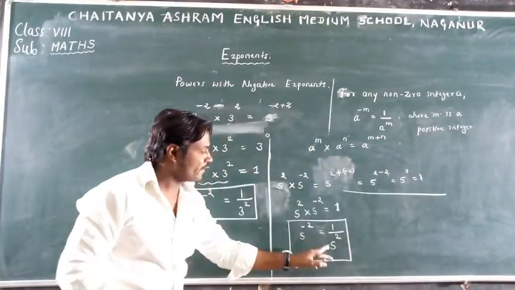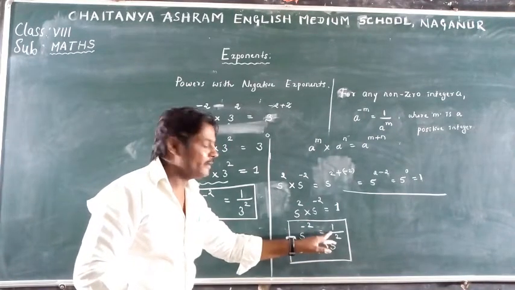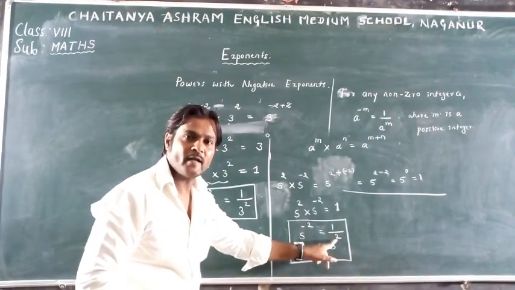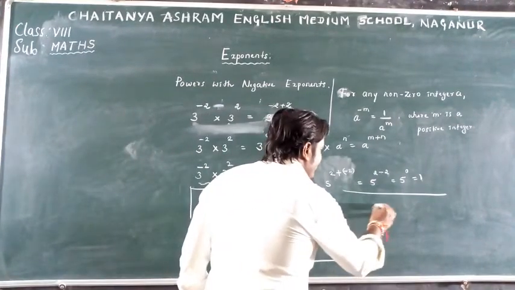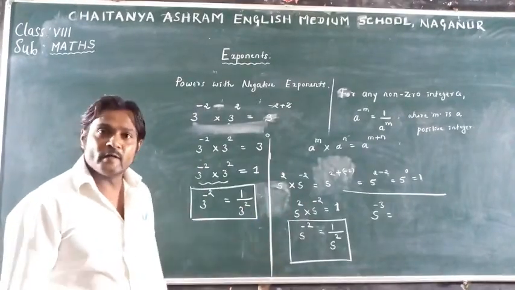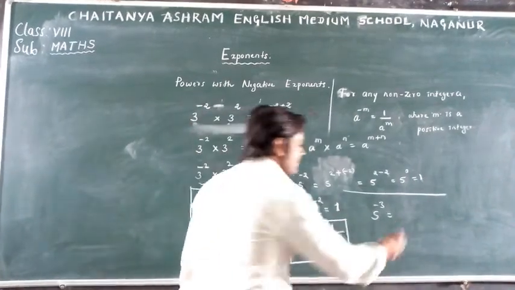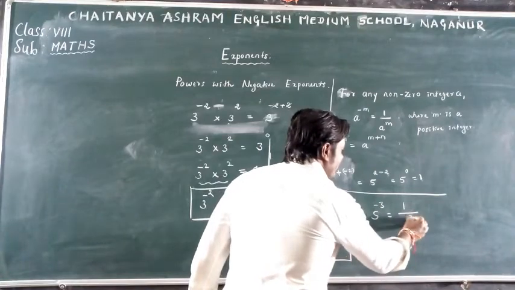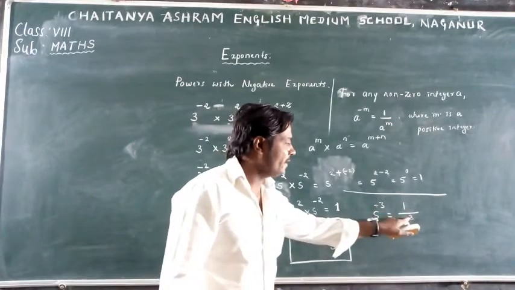Observe, the value is 1 divided by the same exponent with positive power, and m is a natural number. Now tell me, what is 5 raised to the power minus 3? Use these two concepts. This is the same as 1 divided by the same exponent in the denominator with positive power: here it is minus 3, there it is plus 3.